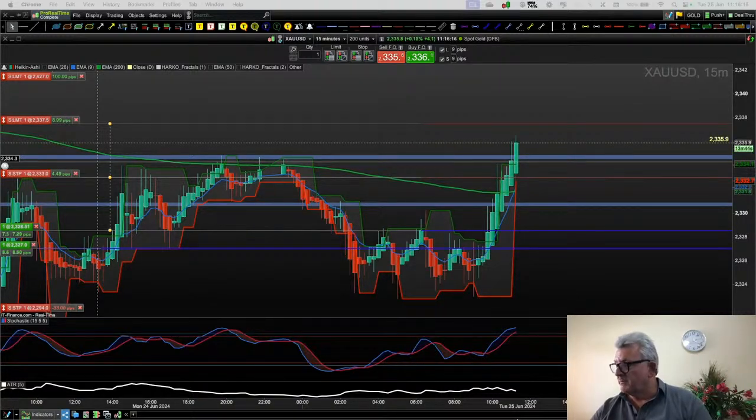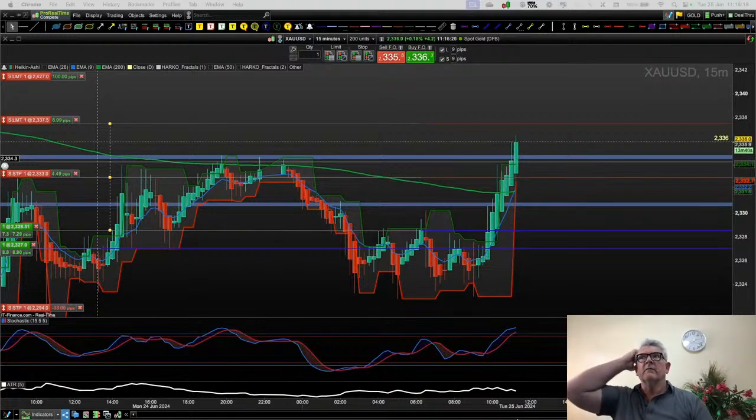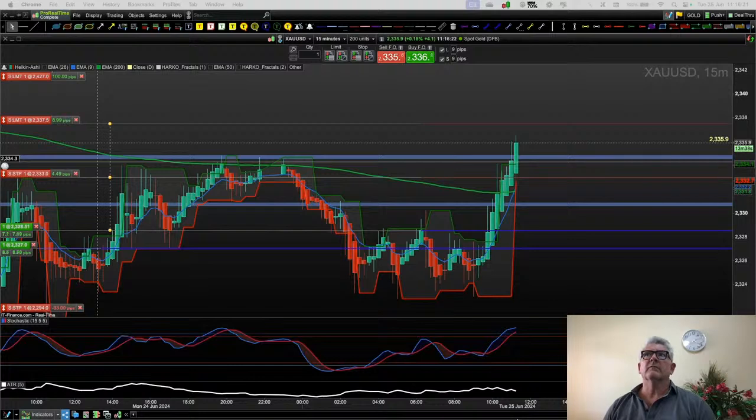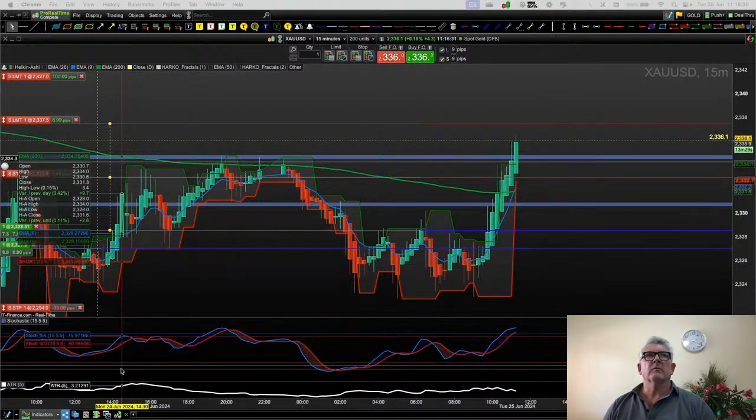That'll take us to 3.1% for the morning, which would be very nice indeed if that comes off. So we're just waiting for a little push up. We've got just over 7 pips, and we want 9. We're just 2 pips away from that.